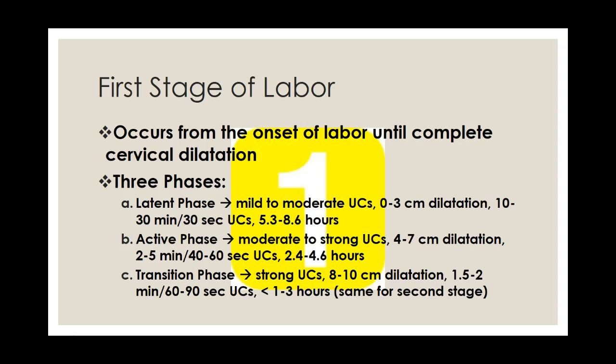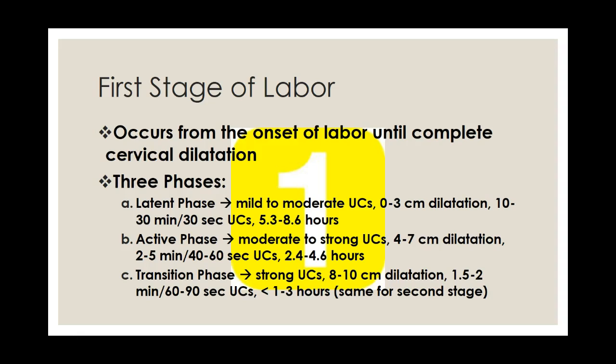In this stage of labor, what happens is the cervix starts to dilate and it goes from 0 to complete, so 0 to 10 centimeters. So the first stage of labor occurs from the onset of labor until complete cervical dilation, or 10 centimeters.